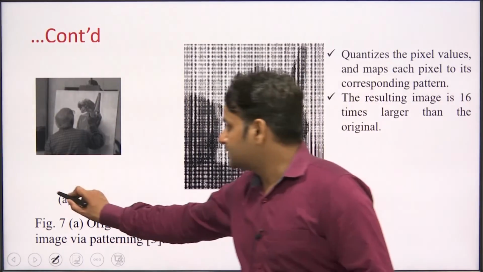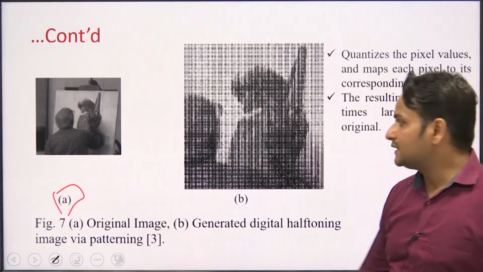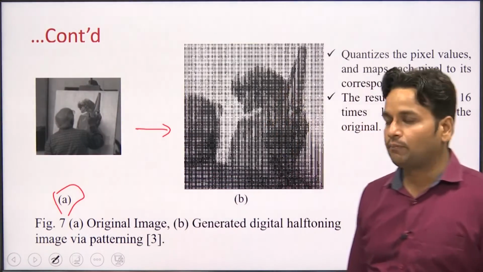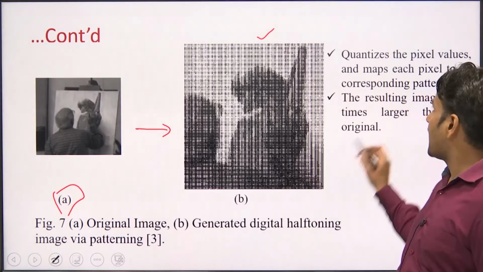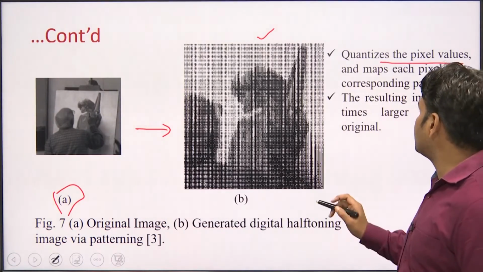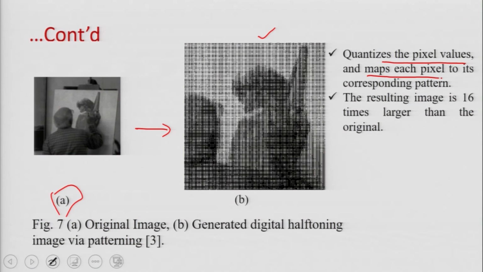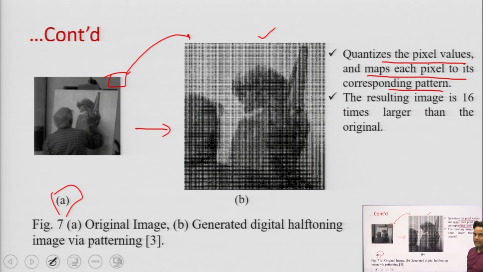This is the original image, and using the patterning digital halftoning process you may get this image, which quantizes the pixel values and maps each pixel to its corresponding pattern. Each pixel corresponds to Rylander's patterns, and the resulting image is 16 times larger than the original one. So, this is all about patterning digital halftoning.